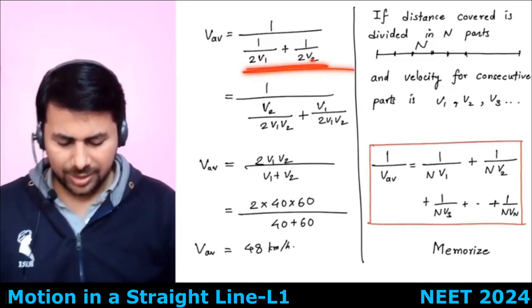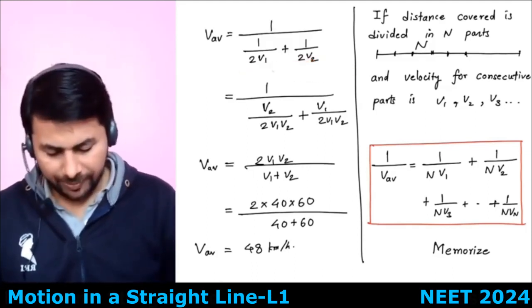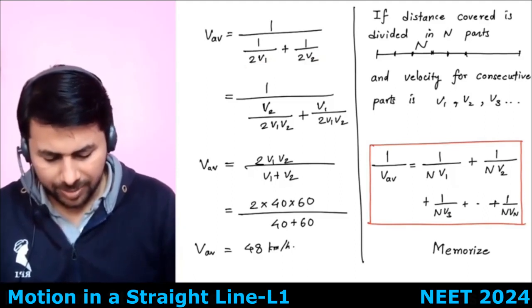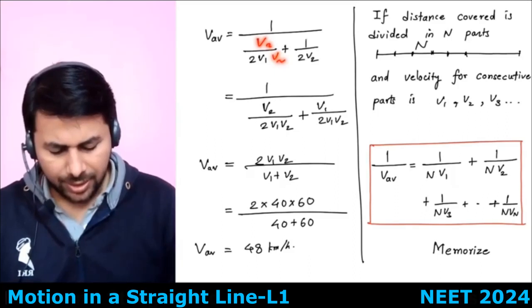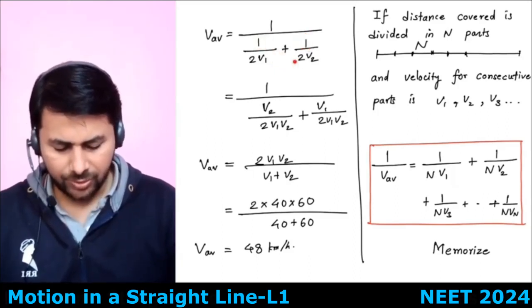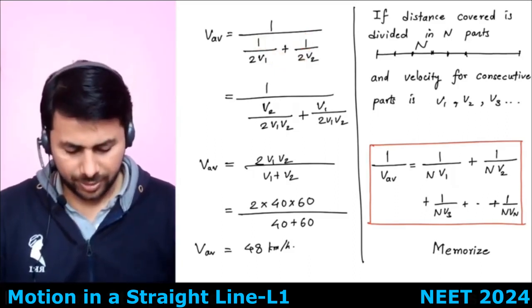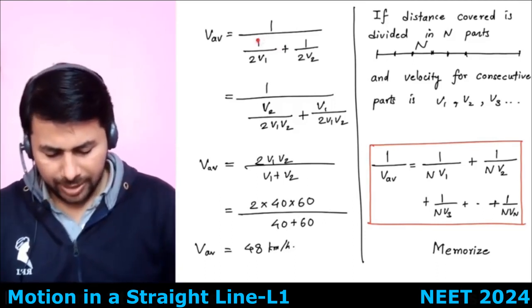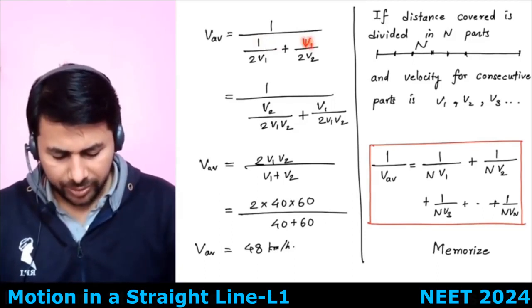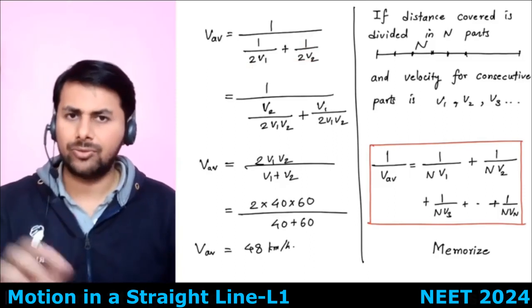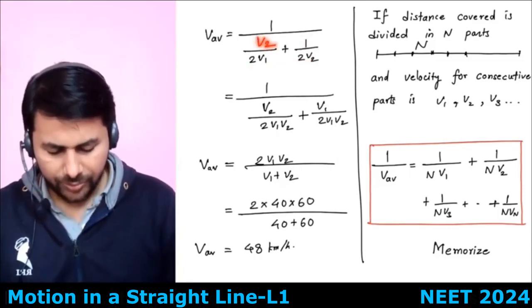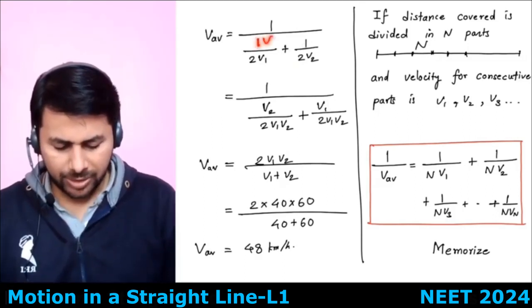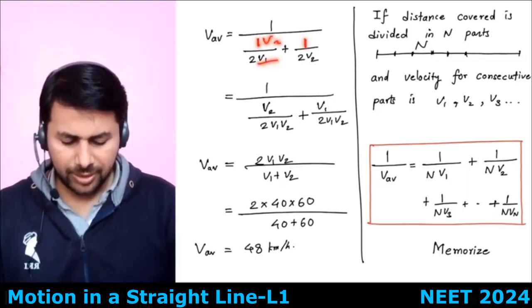Here we can make the denominators the same. We can multiply with v2 to numerator and denominator in this term, and with v1 in this term. So the denominator will be 2v1 v2. The numerator: 1 times v2 is v2, 1 times v1 is v1.